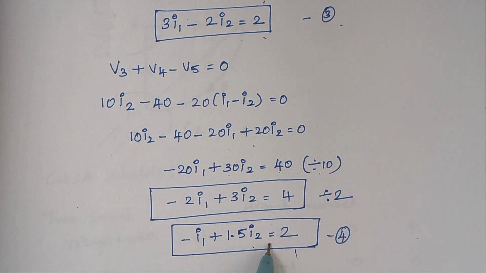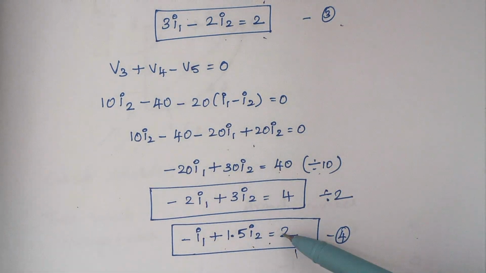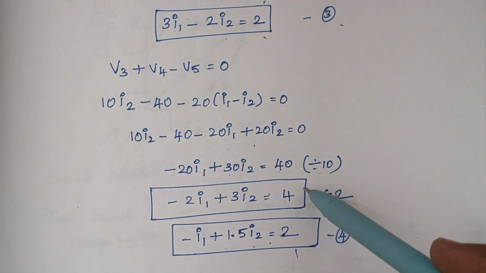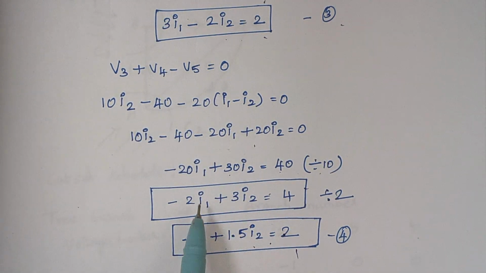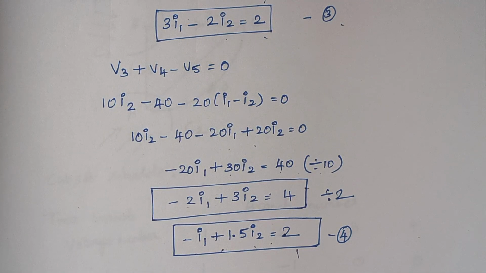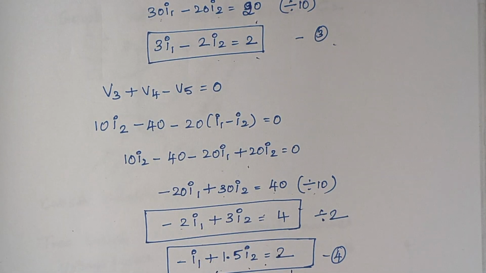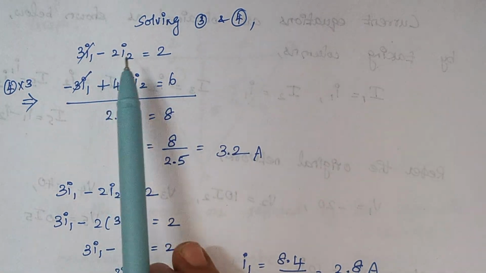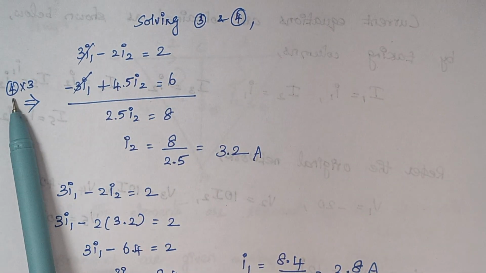Once this is done, then solving these two equations will be easy. Anyway, this is also easy, this is also not tough. But when you further reduce the equation in simplified form, it will be very easy for you to simplify. Now, we are going to solve equation 3 and 4. When you simplify, we are multiplying this equation 4 by 3.